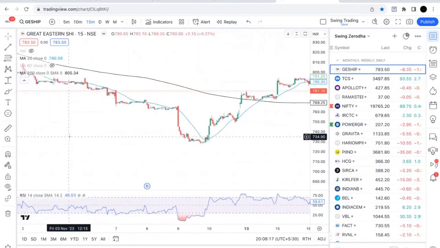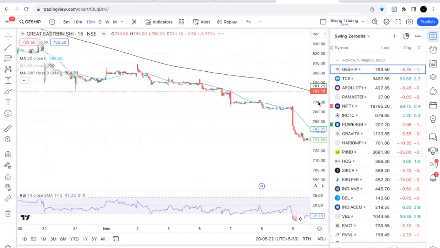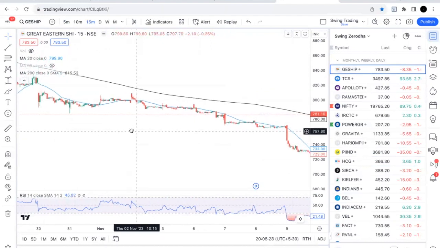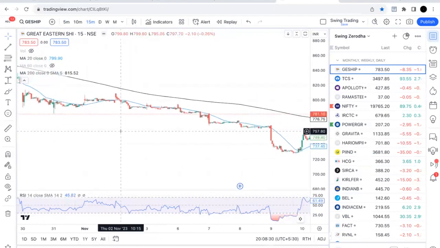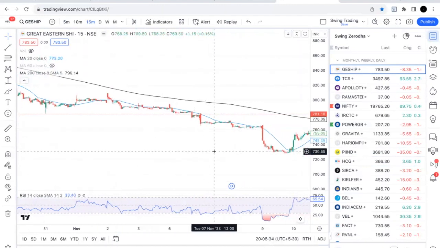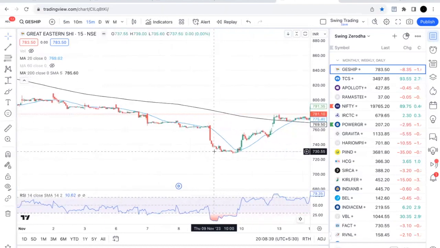When G Ship was trading at 747, it was already below 30, but it went even lower and came down to 729. Which November, when? The 9th of November. Okay, go ahead.